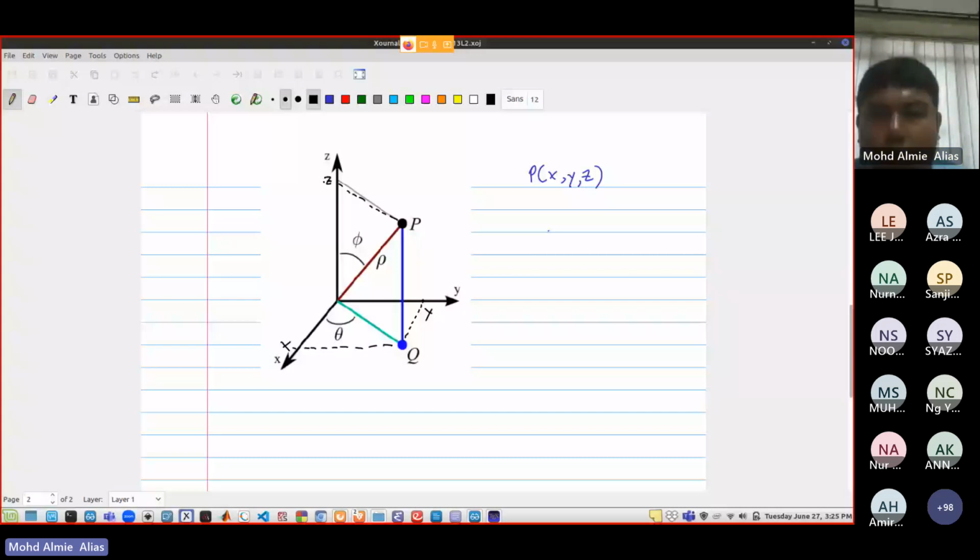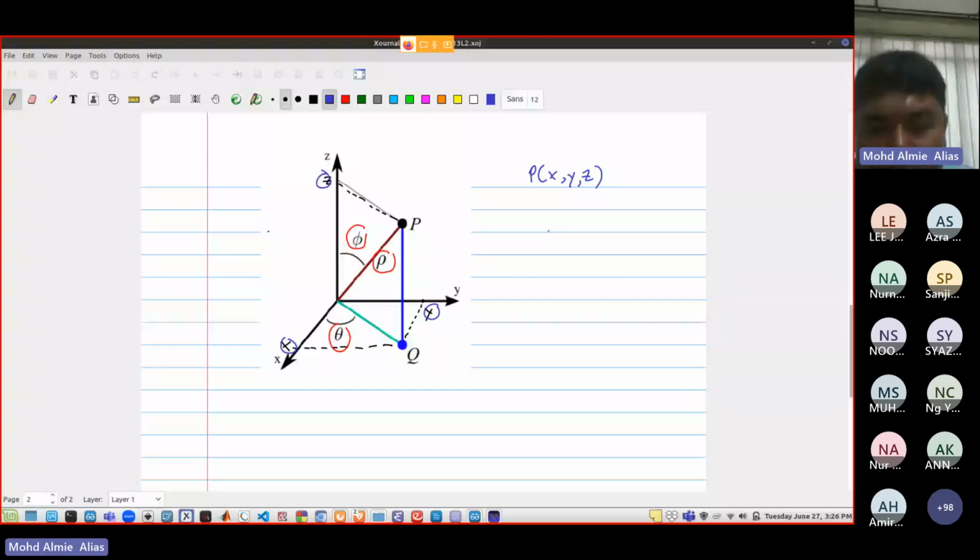Okay, so this is for Cartesian. For spherical, it's different, not really slightly. The way you describe this is by using theta, rho, and phi. You don't use x, y, and z.